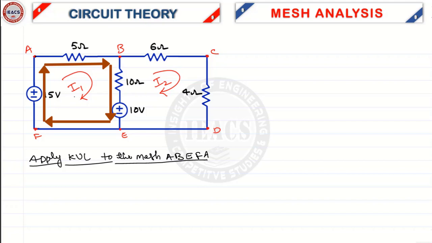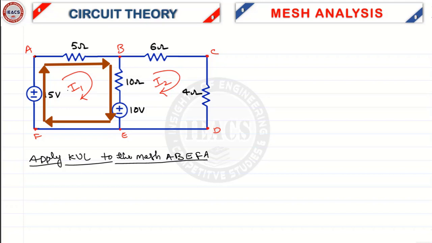For applying KVL, you can traverse the loop in any direction, but it will be easier if you traverse the mesh or closed path to which you are applying KVL in the same direction as the assumed mesh or loop current.